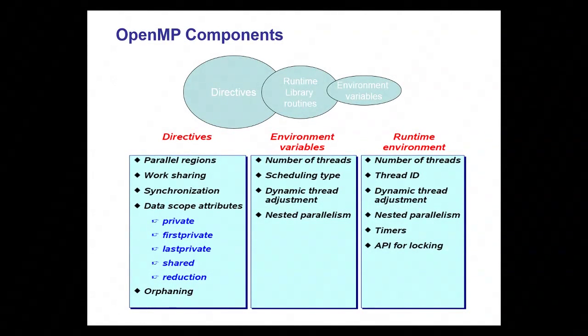The components we mentioned earlier are basically three of them, and the big part is the compiler directives. That's the core part, and then there are a few library routines, or you can set them as environment variables, such as the number of threads to use, or the way it runs, such as regular or dynamic threading, or nested parallelization.